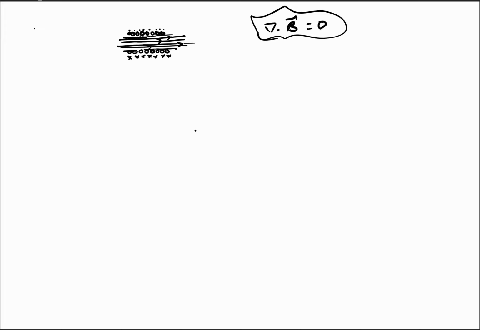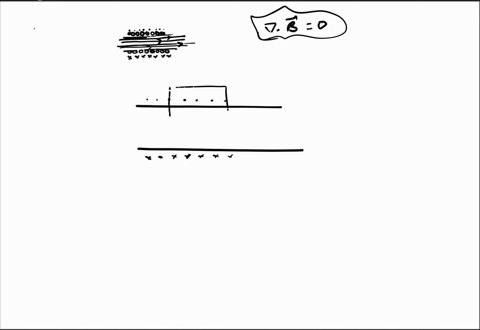Now what we will do, we will take this solenoid and again we will make an Ampere's circuital curve. Let us say its length is L, its height is H. So we will calculate B dot dl along this curve.